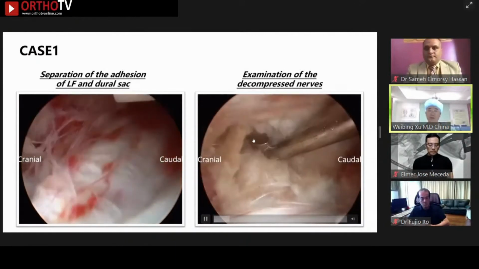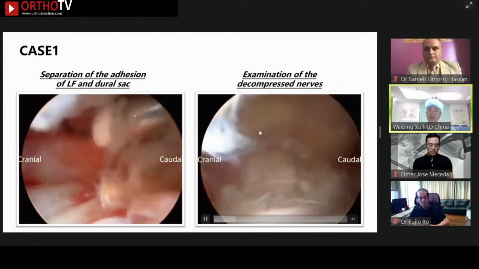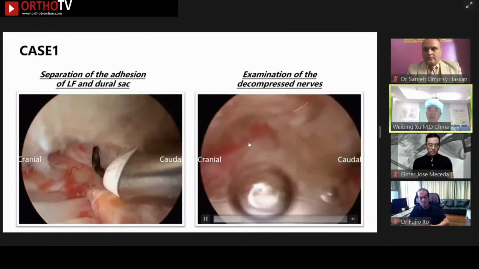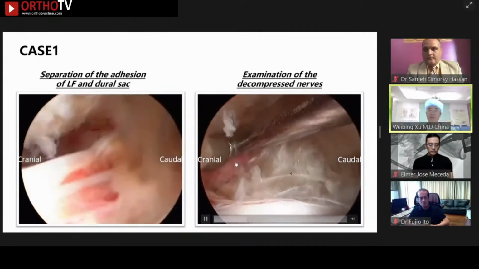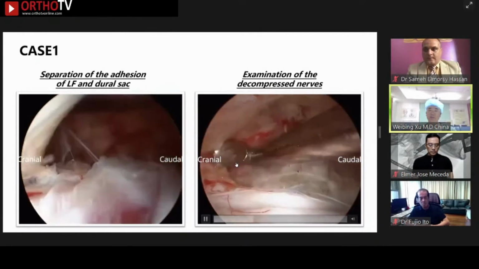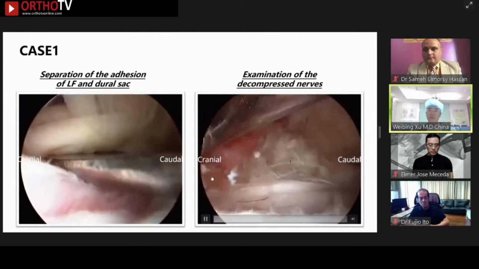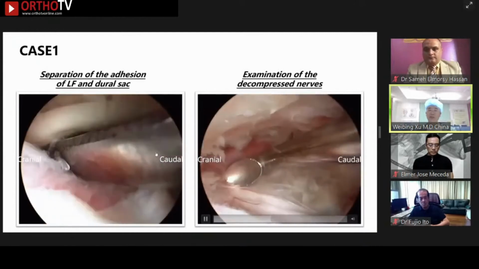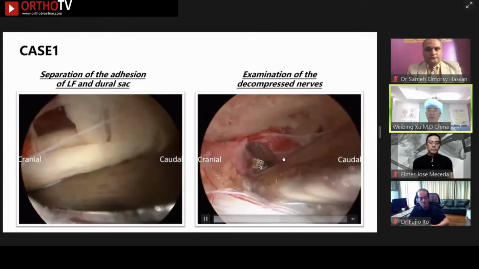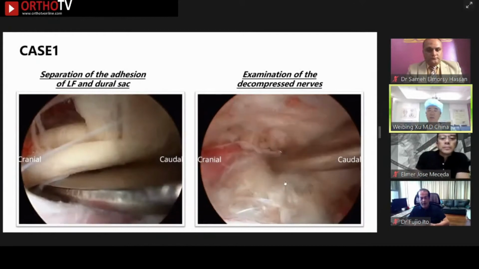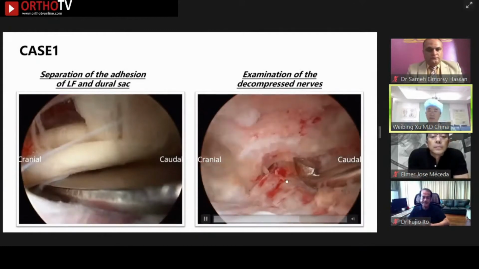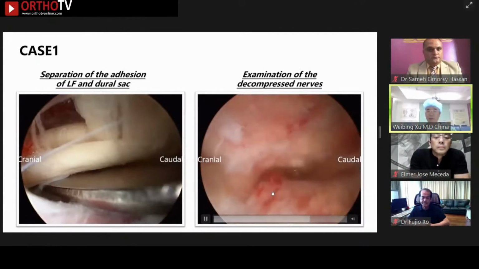Then it is the contralateral exiting nerve root, and the contralateral traversing nerve root. It is the middle part of the pedicle.